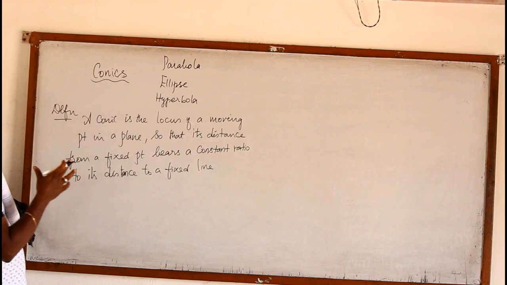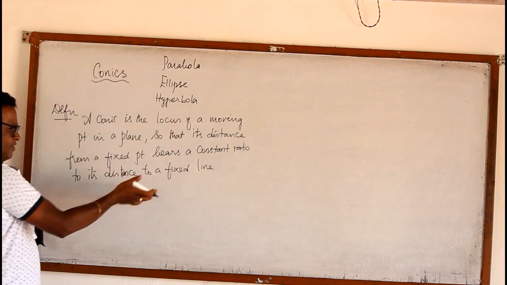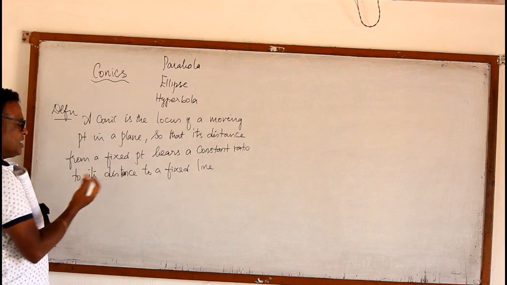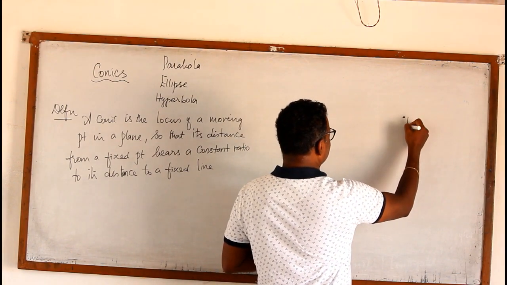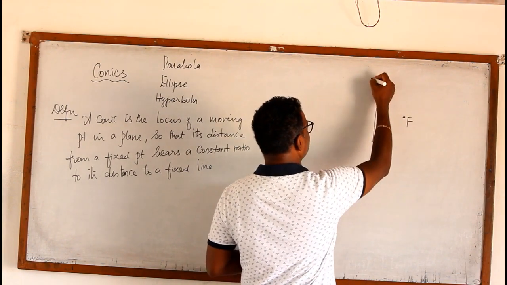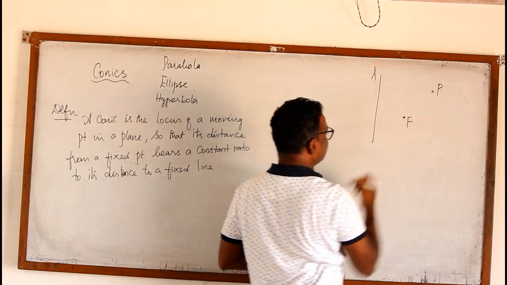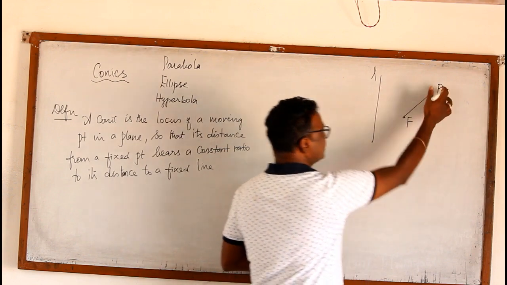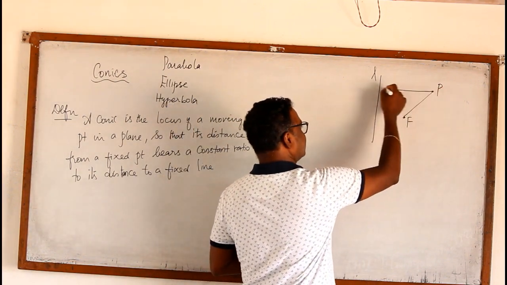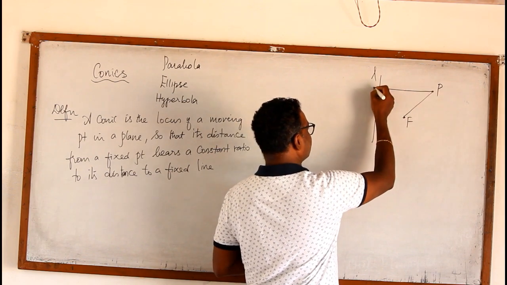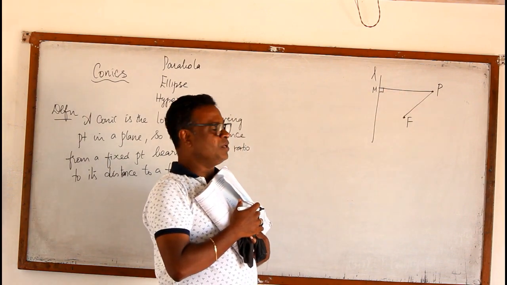So the distance between the moving point and the fixed point, and the distance between the moving point and the fixed line, if I divide, then I will get a constant ratio. For example, suppose I have a fixed point F, a fixed line L, and a moving point P. Then this is the distance between the moving point and the fixed point, and this is the distance between the moving point and the fixed line. Normally the distance to a line means the perpendicular distance, so PM.